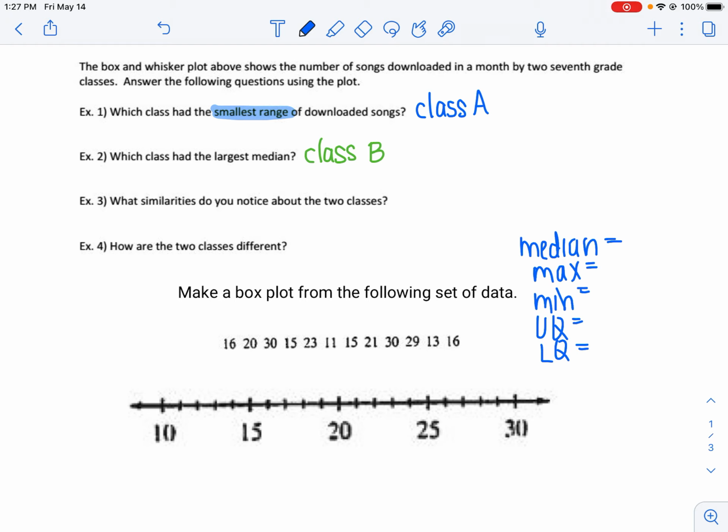So I'm going to do that right above it, starting with the number 11, then going to 13, 15s, 2 16s, 20, 21, 29, 2 30s, and I noticed I left out 23, and this might happen to you.